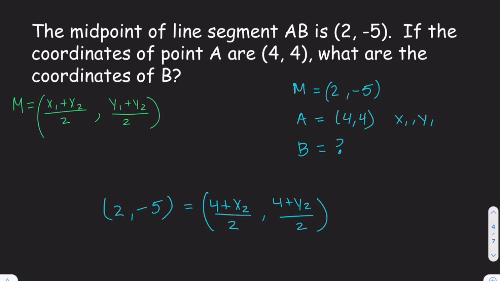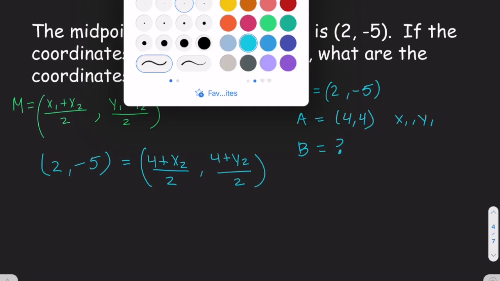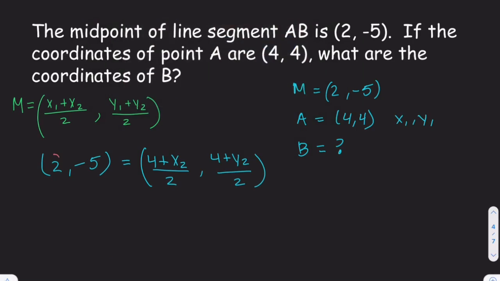So now that we have these values, we are going to multiply. These are both x values. So 2 equals (4 plus x2) divided by 2.